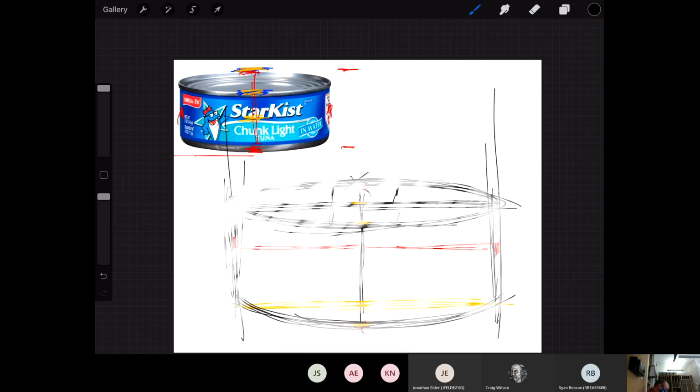Like I noticed that there's a little bit of a rim to that thing, right? Does that make sense? You see the little rim there?